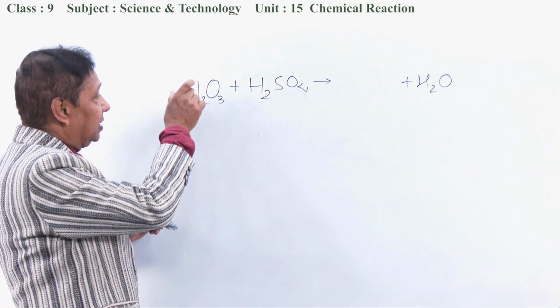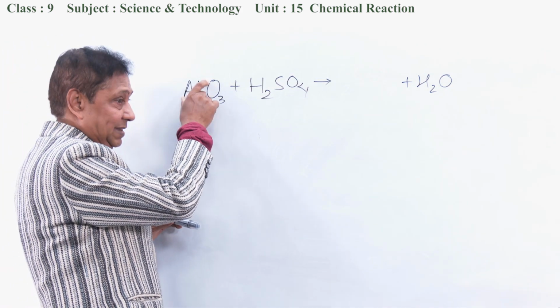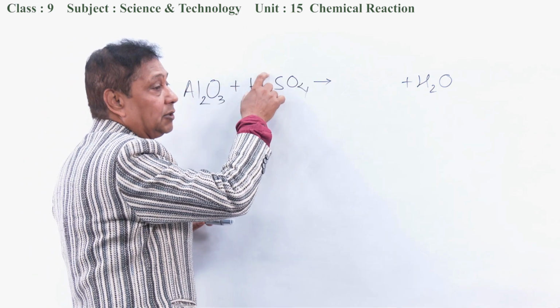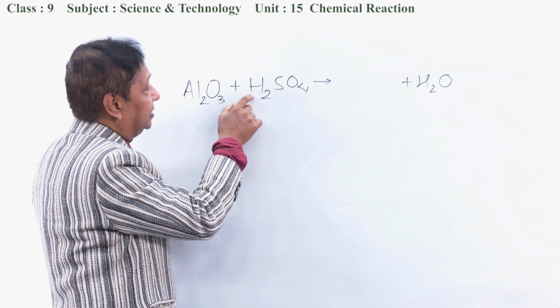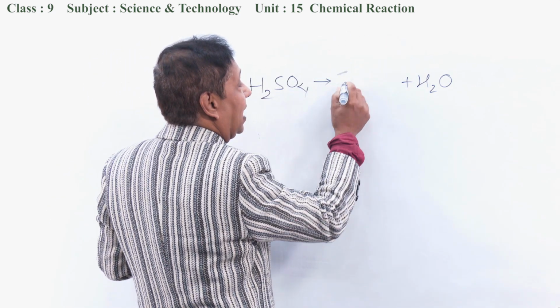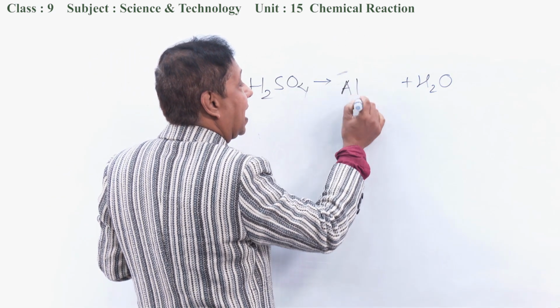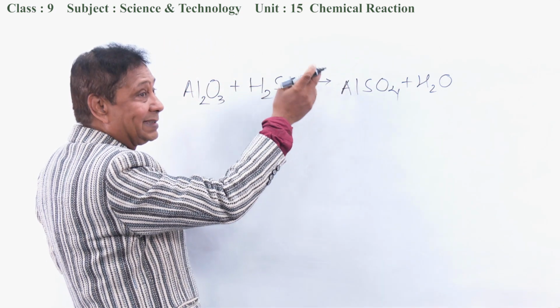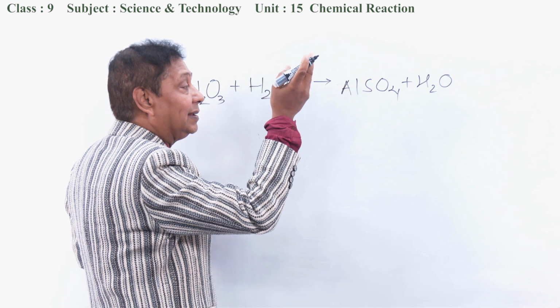It's very simple. The metallic part of the base, here it is aluminium, displaces the hydrogen of the acid and takes its place. It means I have to write here Al, and here AlSO4. Aluminium valency 3, sulfate valency 2.